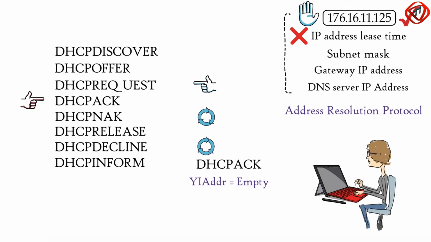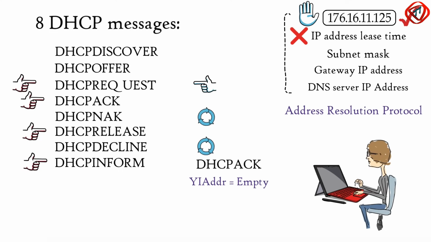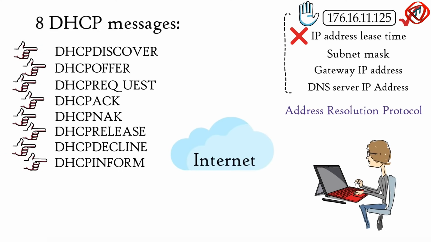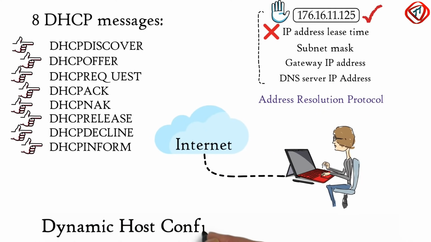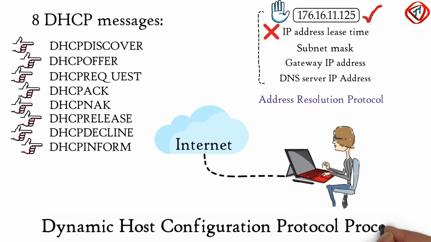Therefore, a total of 8 DHCP messages are involved in the DHCP process. These are the messages which help your device to fulfill all the prerequisites needed to connect to the internet and comes under Dynamic Host Configuration Protocol process.